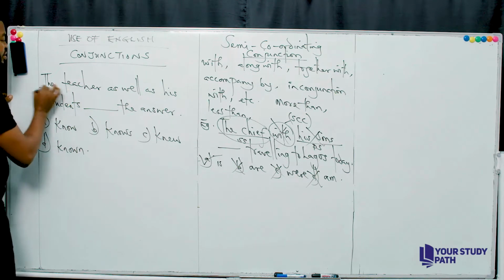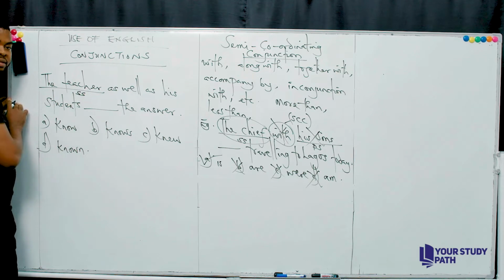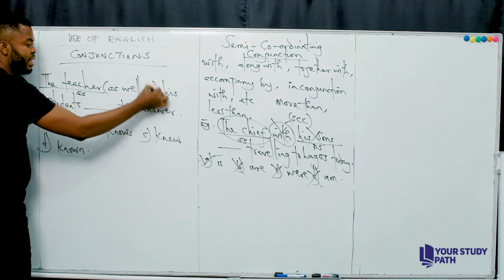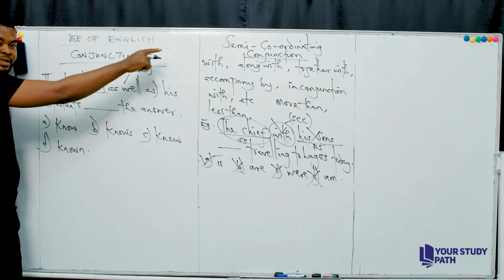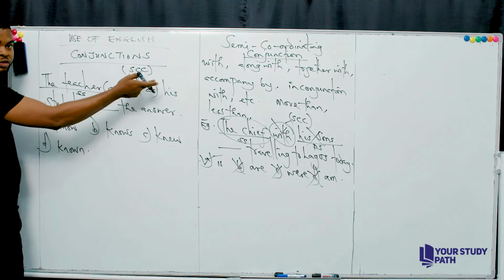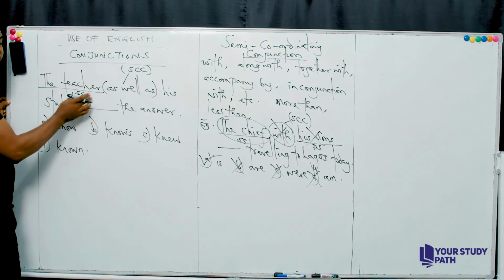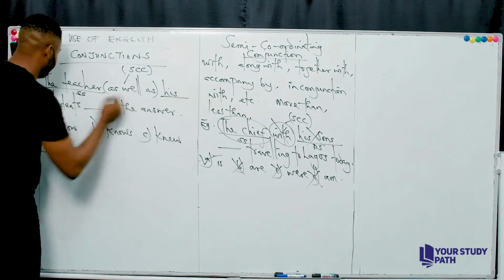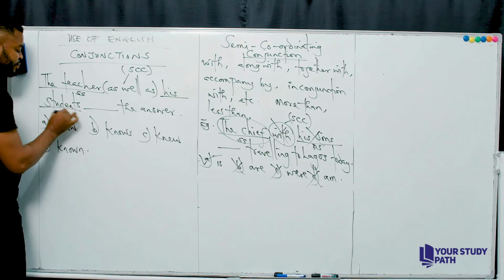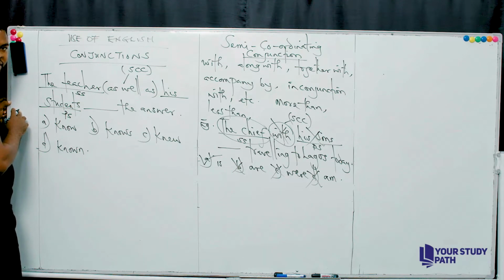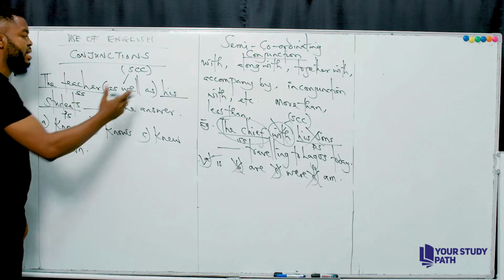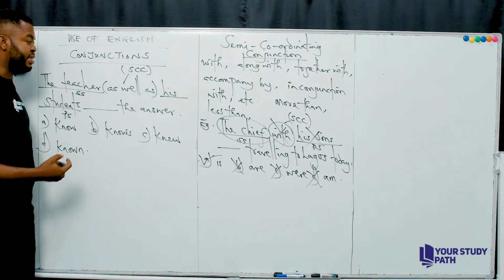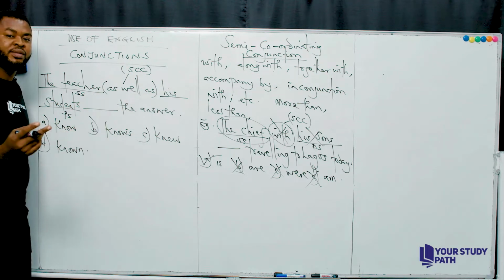Look at this. The teacher is a singular subject, okay? As well as is what? That's a semi-coordinating conjunction. Remember, I stated it there. While the teacher is a singular subject, his students is a plural subject. Like I defined to you, a semi-coordinating conjunction is a type of conjunction that usually joins what?